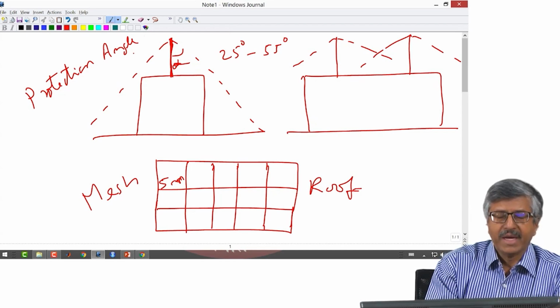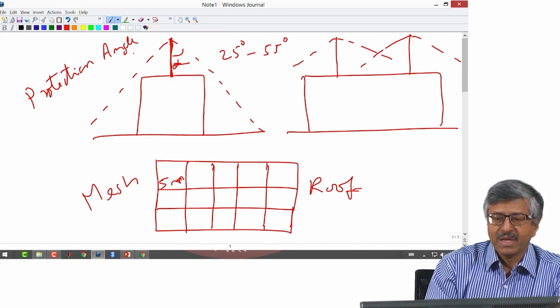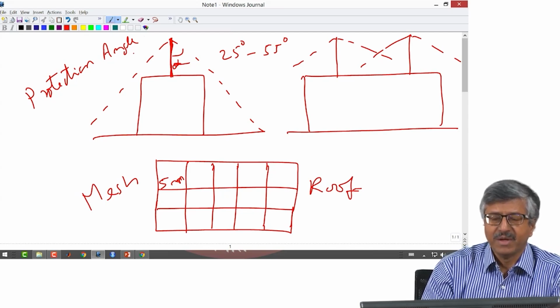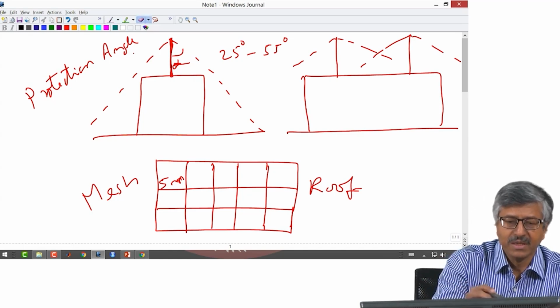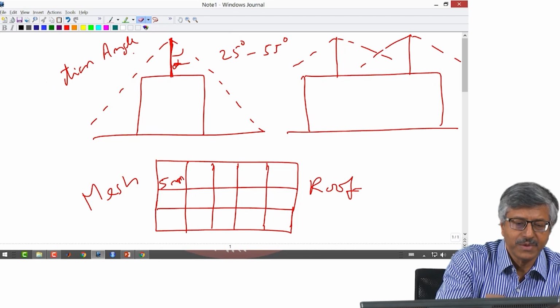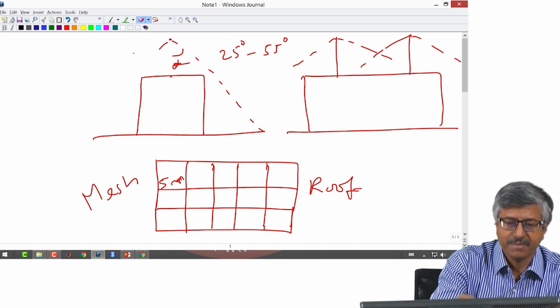Now, there are even more sophisticated methods if it is a very complex structure. This is called the rolling sphere. This can be illustrated like this.